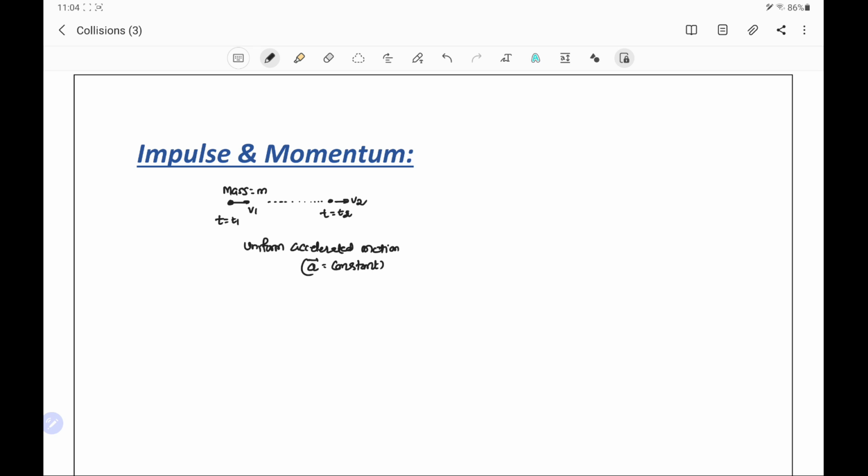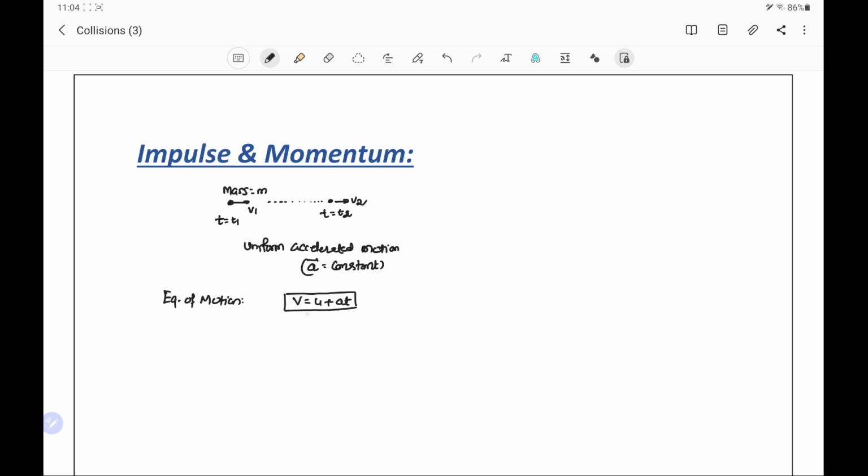For uniformly accelerated motion, we can use the equation of motion. One of the equations of motion is v equal to u plus at, where v is the final speed at time t, u is the initial speed at time t equal to 0, and a is the acceleration.